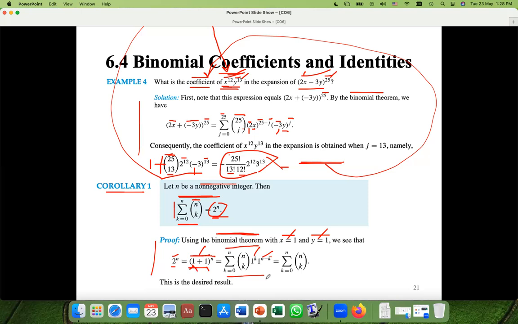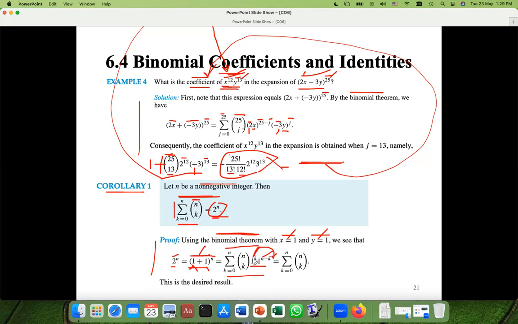So now simplify it. What would it become? 1 raised to the power n minus k and this plus k. That minus k plus k will be cancelled, and then what remains? 1 raised to the power n. Whatever the power is, 1 would be 1.